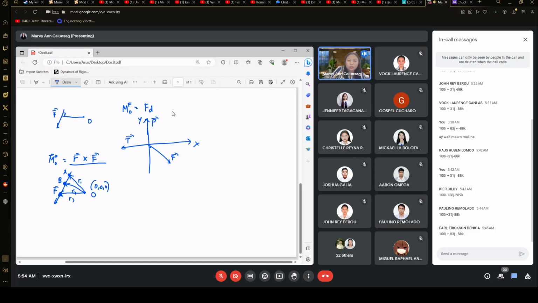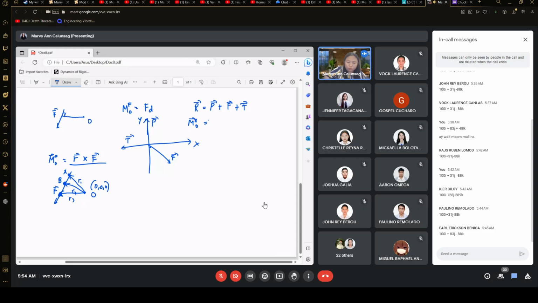Suppose these are the three given forces. It is said that the moment of the resultant is just equal to the moment sum of its components. So you simply have to get the moment sum of all three forces, or again, it is just equal to the moment of the resultant at point O.